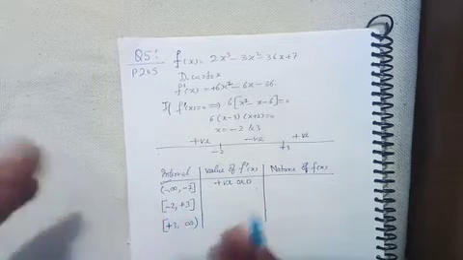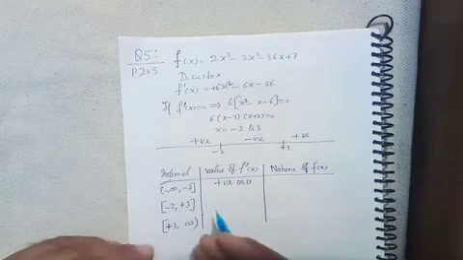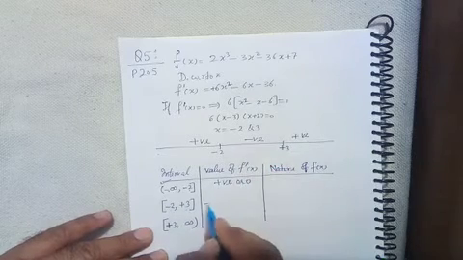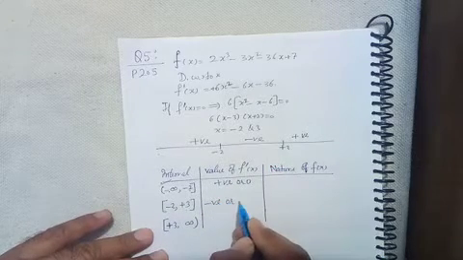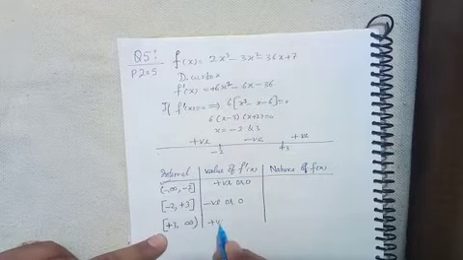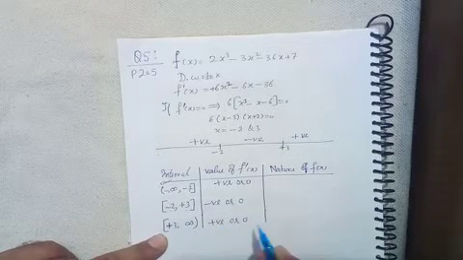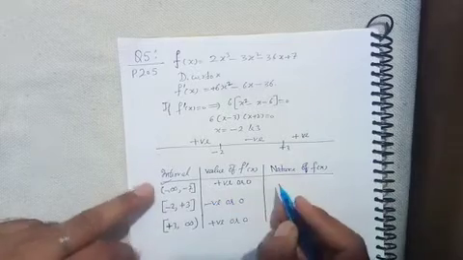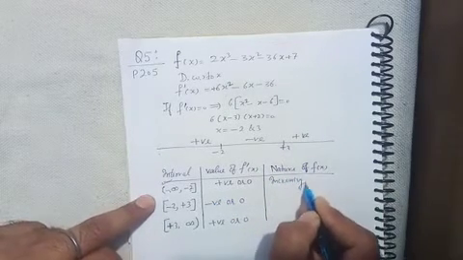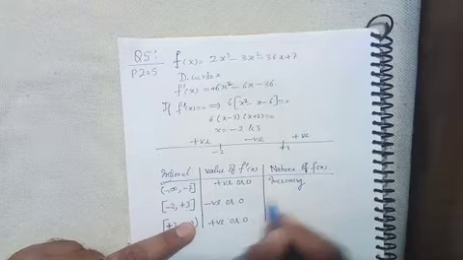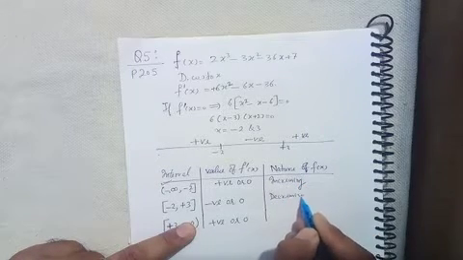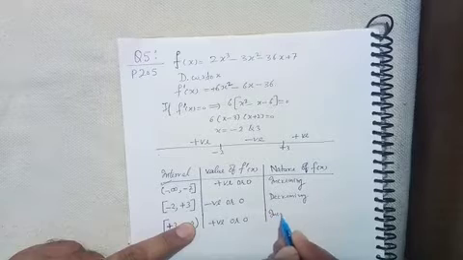Closed intervals include their endpoints also, so in this interval it is either negative, or at the endpoints it can be 0. So nature of f in this interval: increasing, negative means decreasing, and last is increasing.